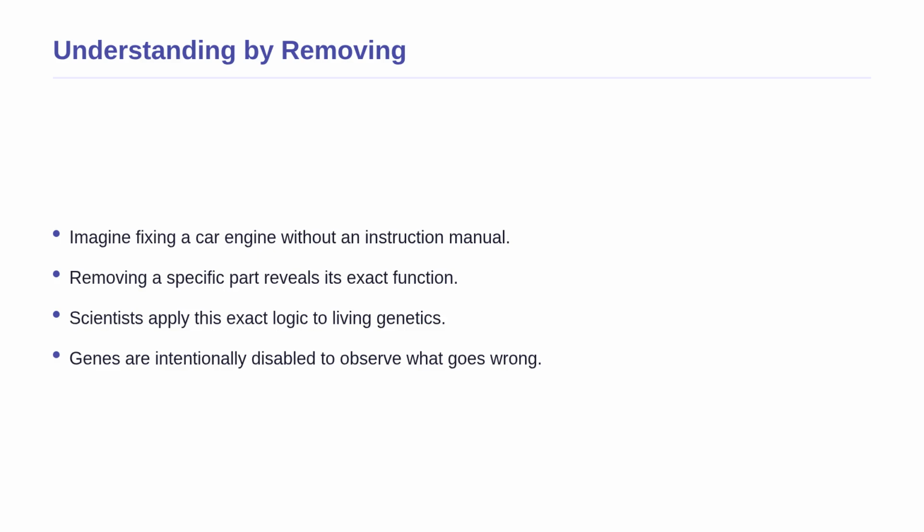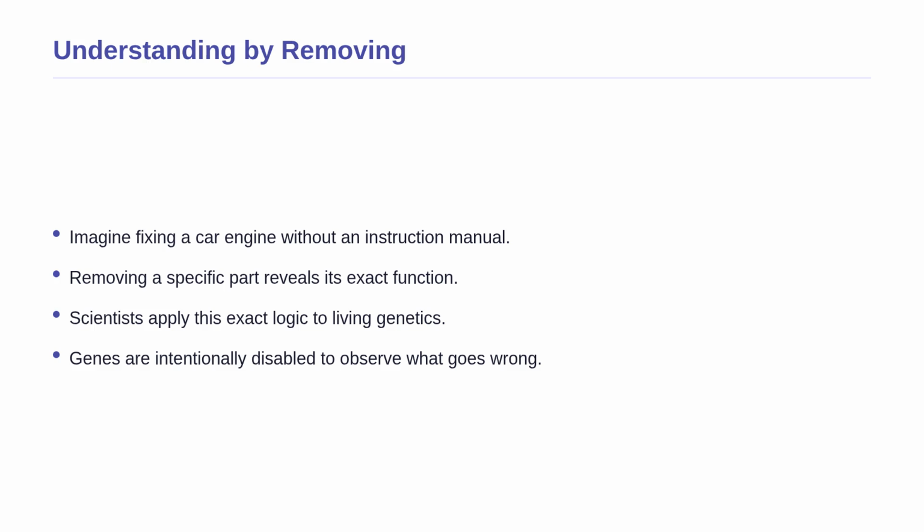To start, let us imagine you are trying to understand how a complex car engine works, but you have no instruction manual. One of the most effective ways to figure out what a specific wire or belt does is to simply remove it and observe what stops working. If the headlights go out, you know that wire controls them.